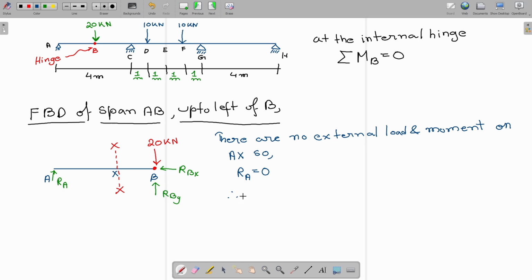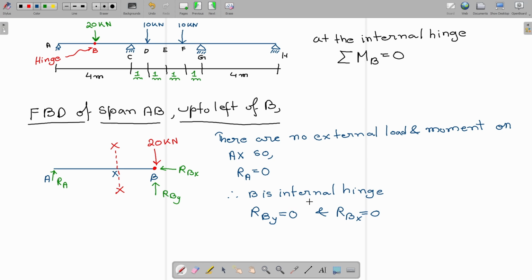Now since B is an internal hinge, RBY is 0 and RBX is equal to 0.